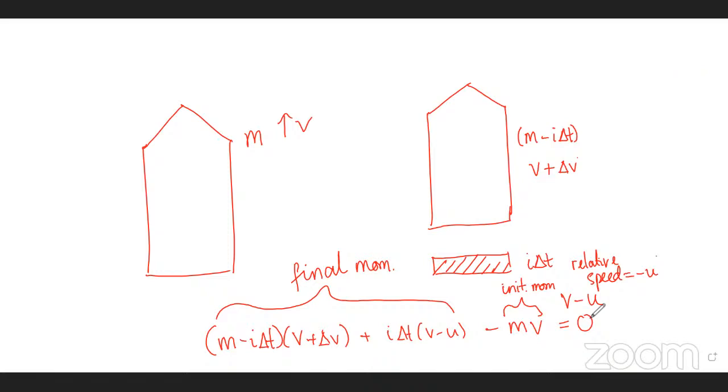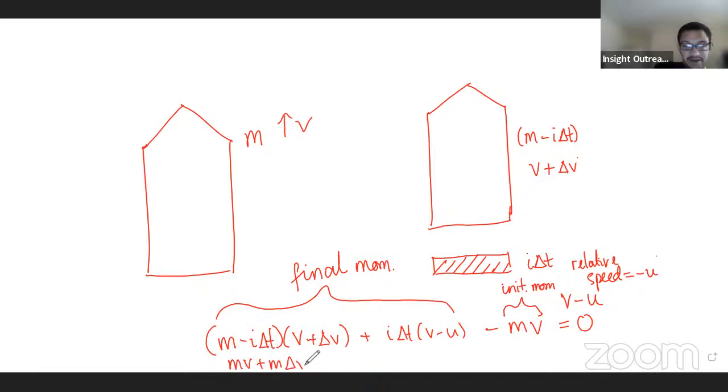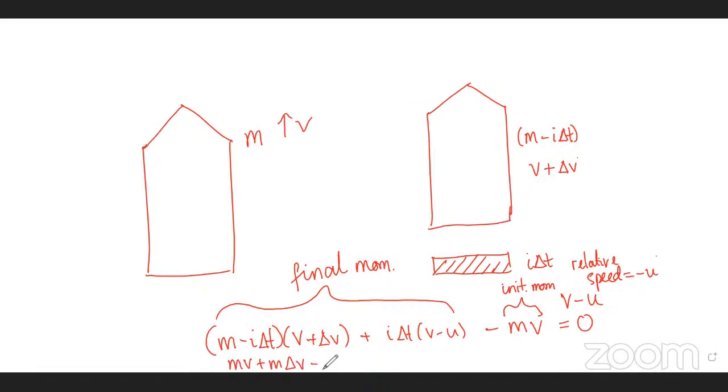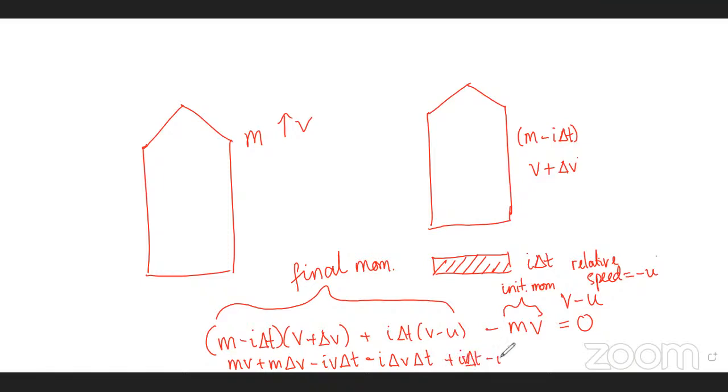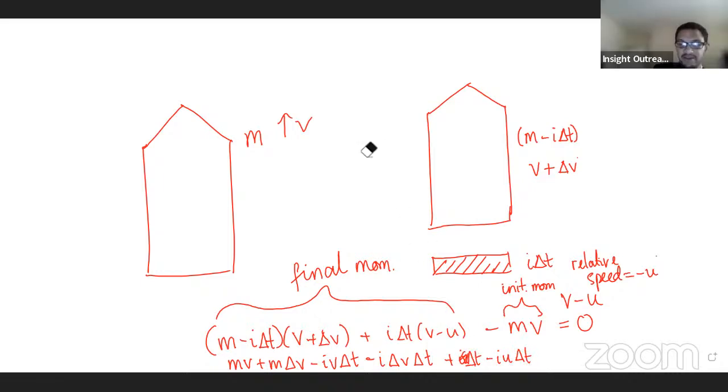You should end up with mv plus m delta v, take I v delta t, take I delta v delta t, and then expand the other side, which is I v delta t, take I u delta t.